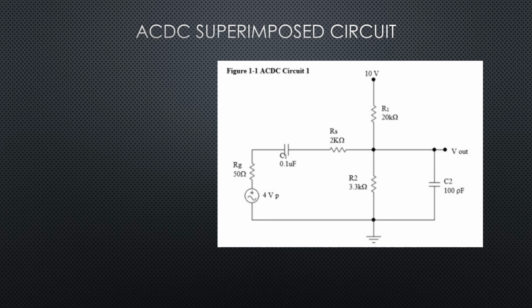So our V out or VAC voltage, V out at the cutoff, Fc high and Fc low will be equal to 0.707 multiplied by the midband V peak.